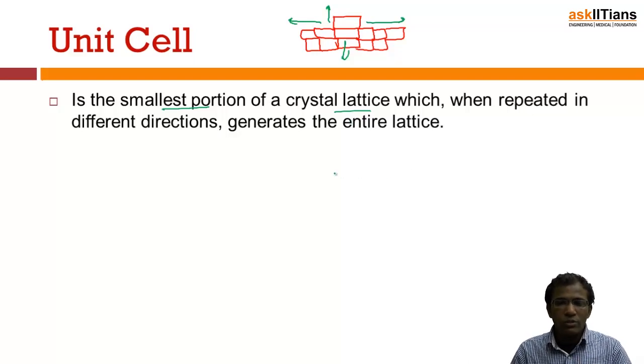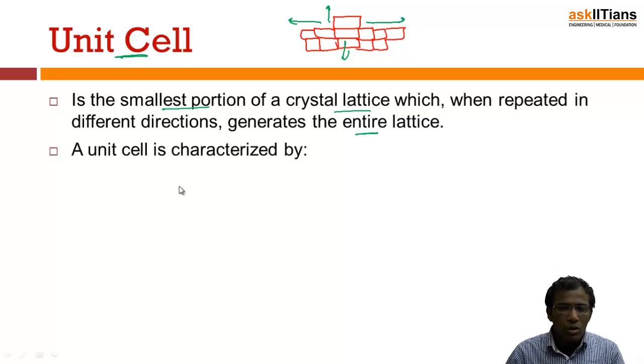If it repeats in x, y and z directions, we get a 3D arrangement, and that 3D arrangement is nothing but our crystal lattice. That will generate the entire lattice. So the unit cell is the basic repeating unit, and if it repeats in 3D space, a crystal lattice is formed.